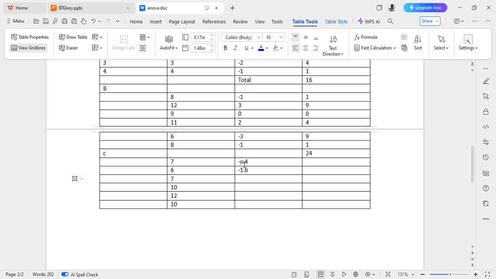Move on, 7 minus 7.6, you get negative 0.6, then 0.6, you get 2.4, then minus 7.6, 4.4, here you get 2.4.